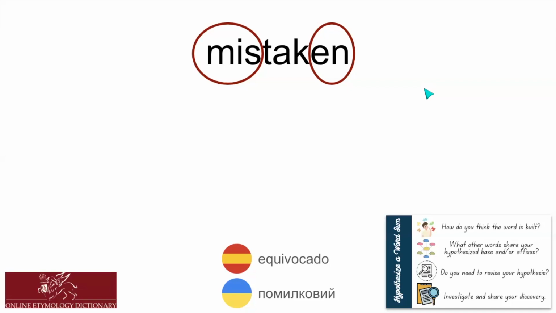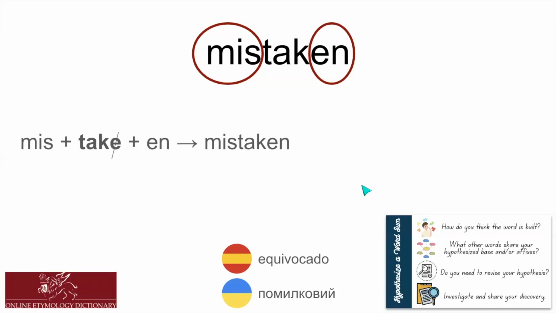This would leave me with TAK. And I know there's an E there because otherwise I would have had to double that K when I added the EN. So I know there has to be an E on the end of that base. So my word sum for mistaken would look like this. MIS, that's my prefix.